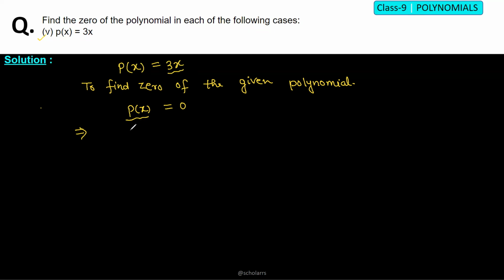So in the place of p(x) we can write 3x is equal to 0.